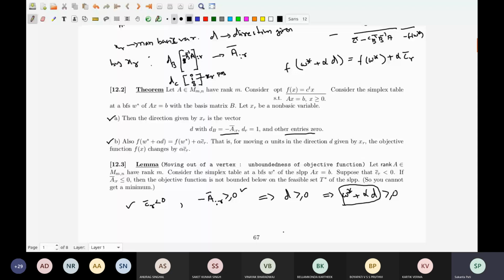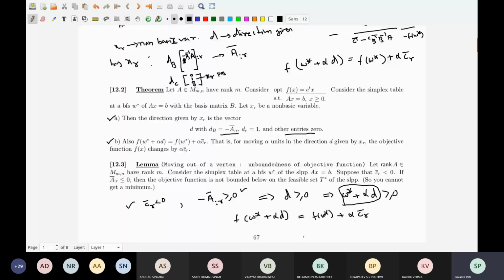Now along this ray, if you take any point, f of W star plus alpha D is equal to f of W star, which is a fixed value, plus alpha times C bar rth entry, which is negative. Therefore this will go to minus infinity as alpha goes to infinity.